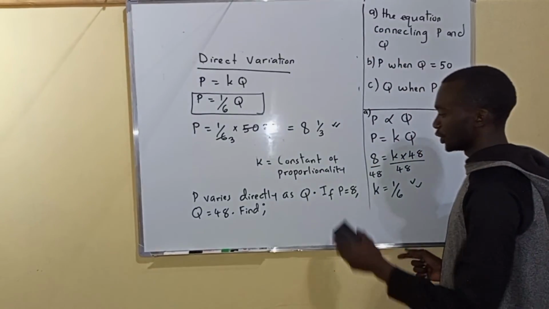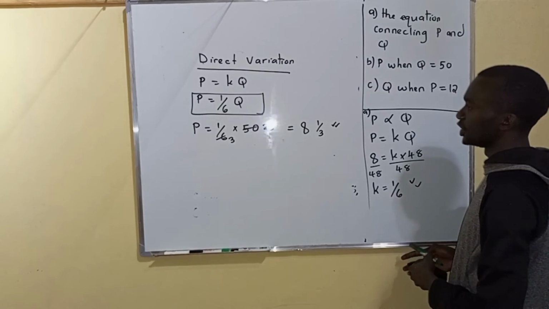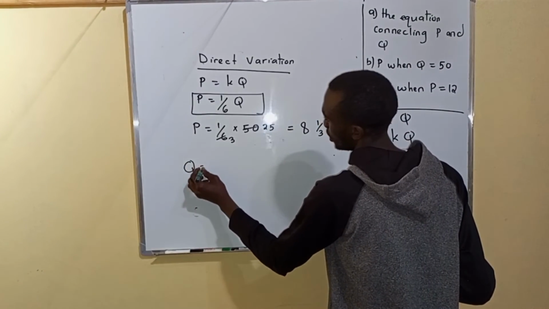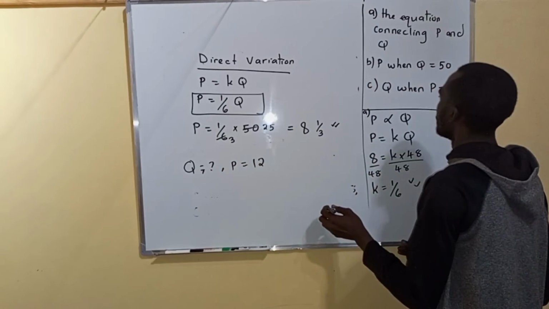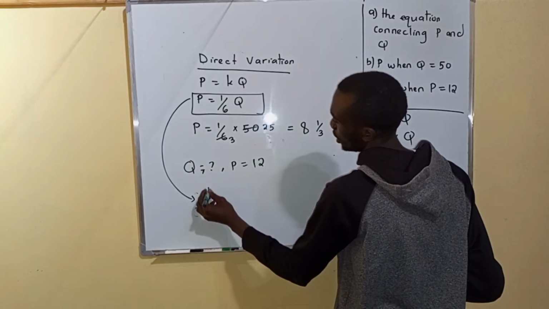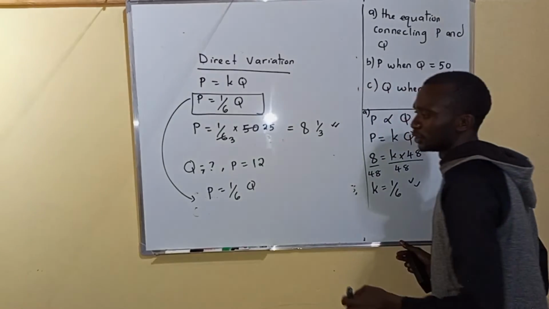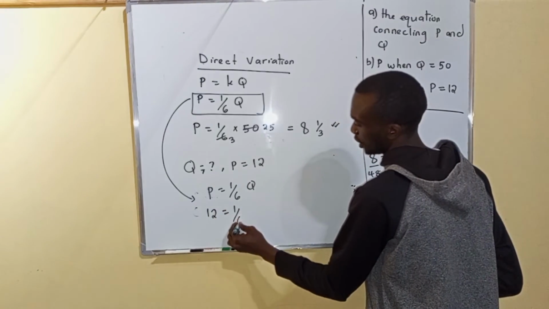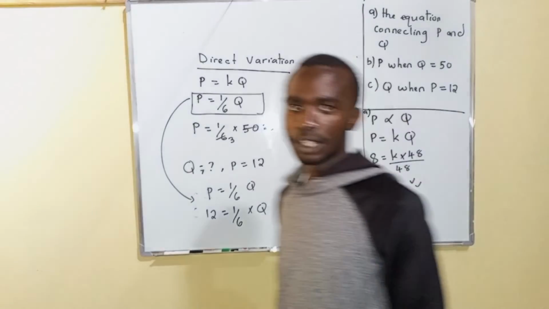And the last part of the question is Q when P is equal to 12. The equation connecting was P is equal to 1 over 6 Q. So if P is 12, 12 is equal to 1 over 6 times Q. So how do you get Q now?